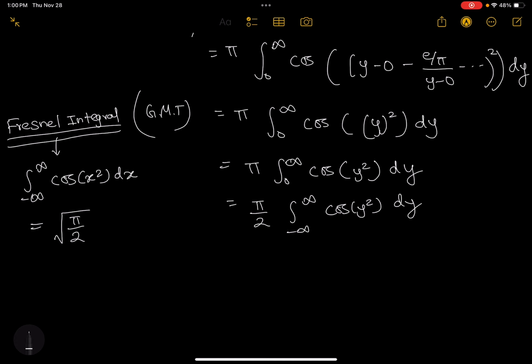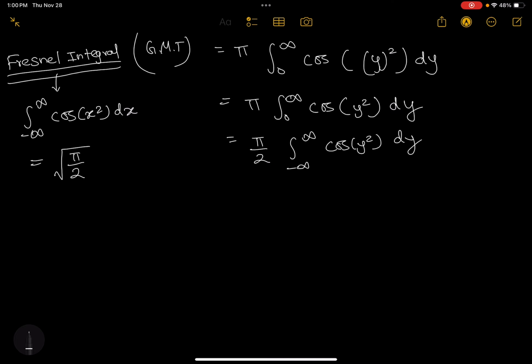If I halve it, I get the value from 0 to infinity. We know this is the Fresnel integral, and we will give a proof after I write the answer. This is pi by 2 times root pi by 2, and the answer is pi by 2 to the power 3 by 2.